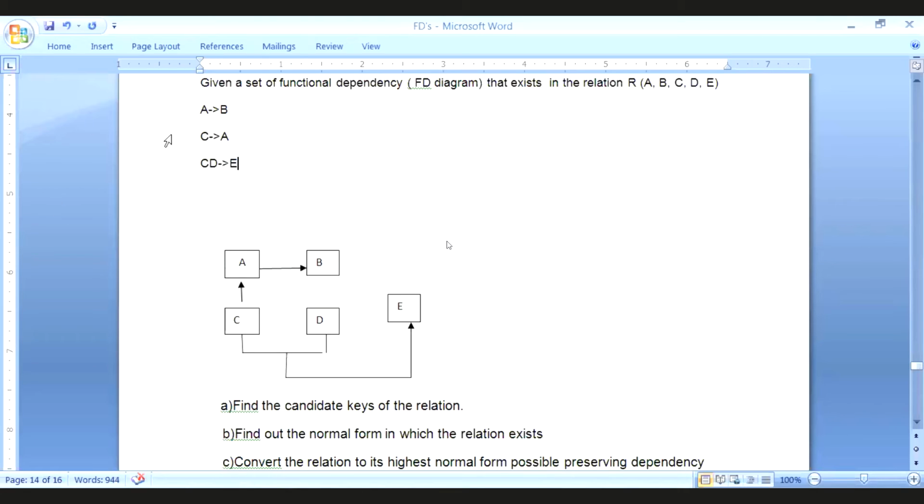Okay. Now what we have to do is find the candidate keys of the relation. Once you have found the FDs from the given diagram, you have to find out the candidate keys. All of you find out the candidate keys.